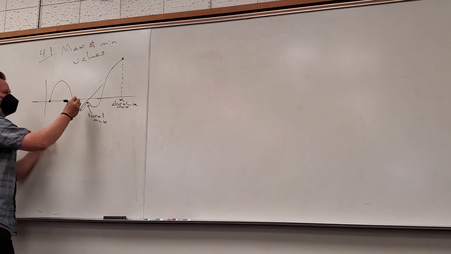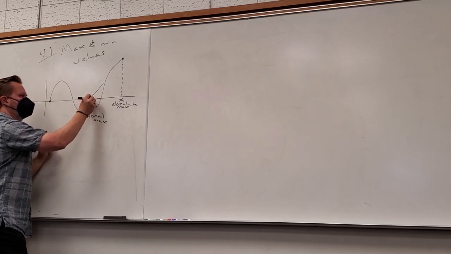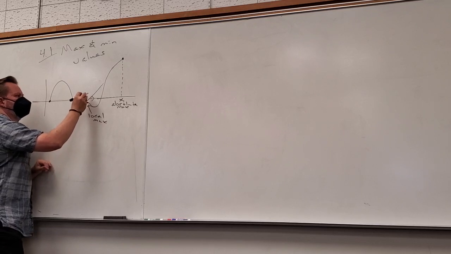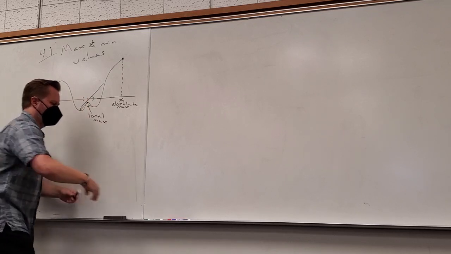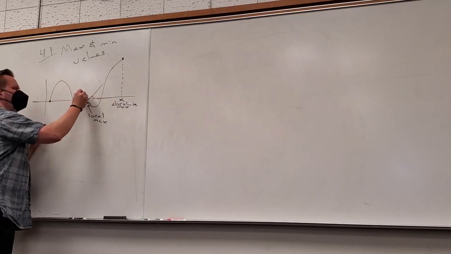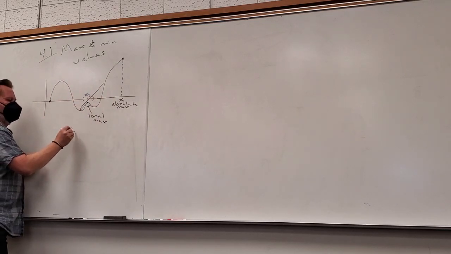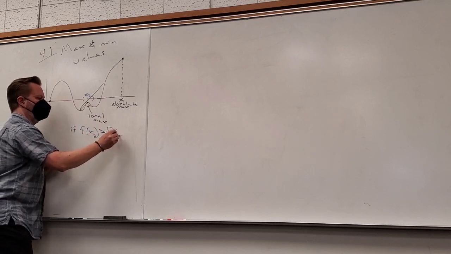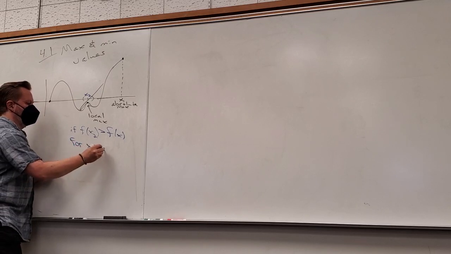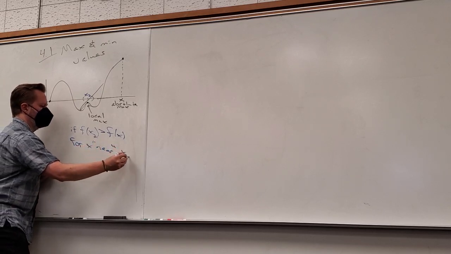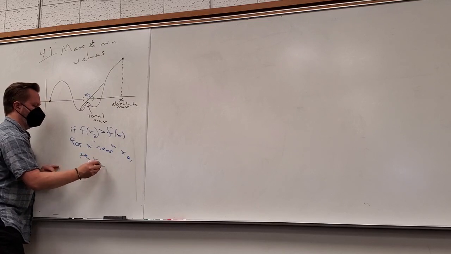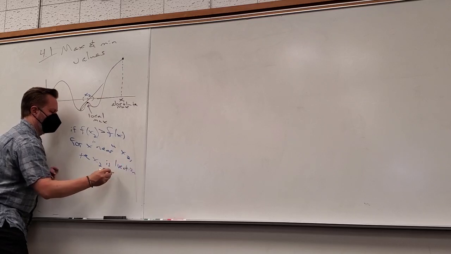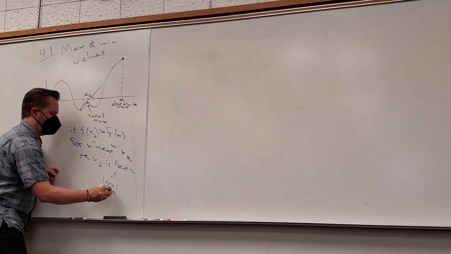There's a little neighborhood around this point, let's call it x2. So if f of x2 is greater than f of x for x near x2, then x2 is a location of a local max.